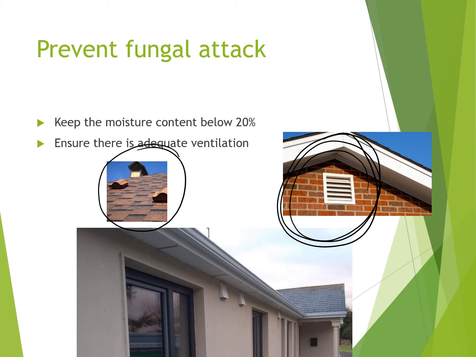You'd also see on the bottom of your fascia boards sometimes little grooves to allow air to circulate up in there. What tends to be the problem is that house attics get insulated really well, but they forget about the ventilation. The general rule is anywhere you insulate, you ventilate.